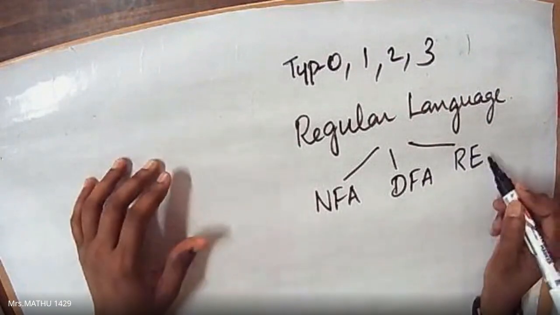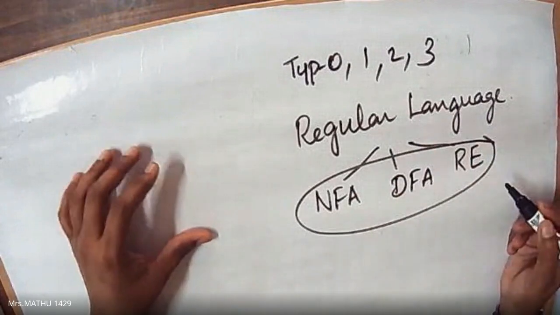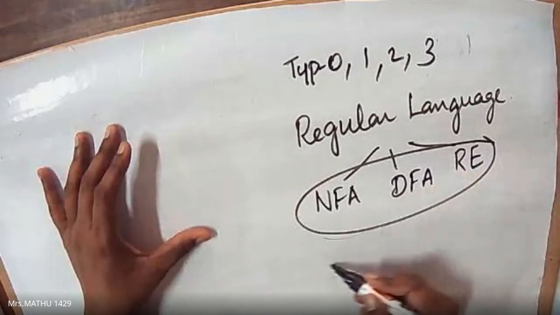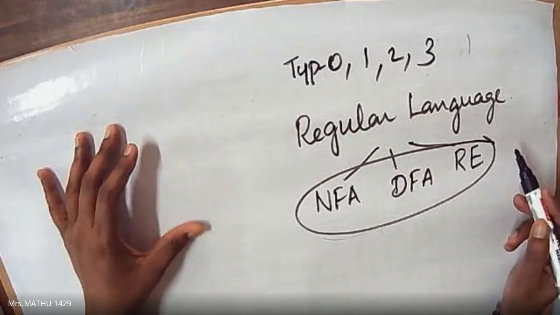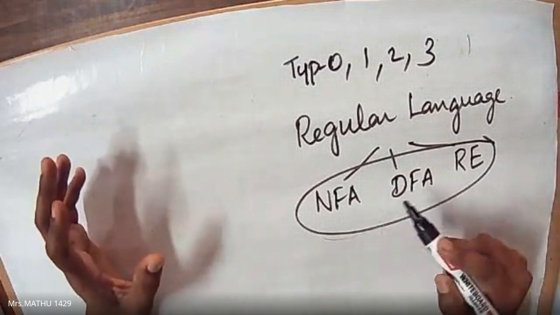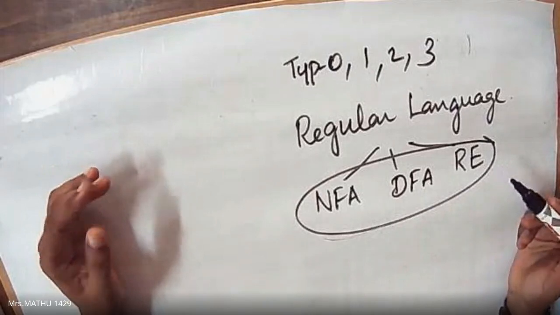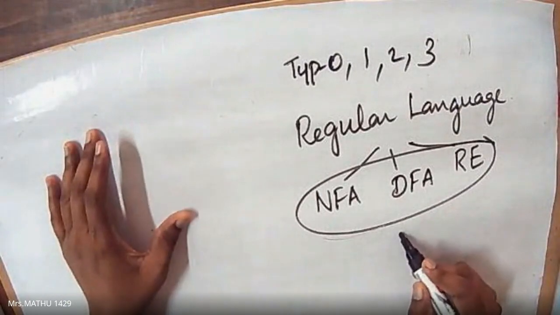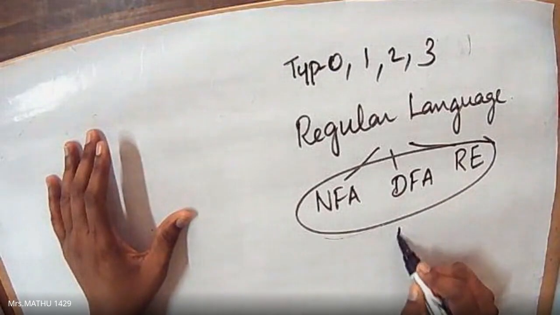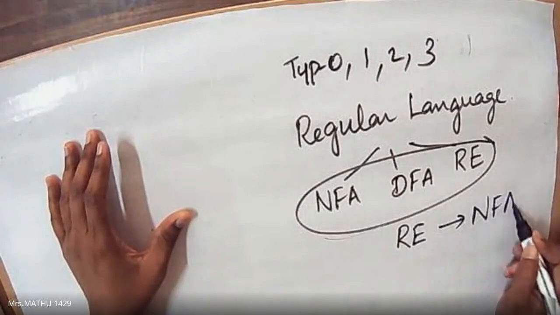Since all these things represent only the regular language, we can convert one from another. There is a link between them. So the conversions we are going to study: we can convert a regular expression to an NFA.